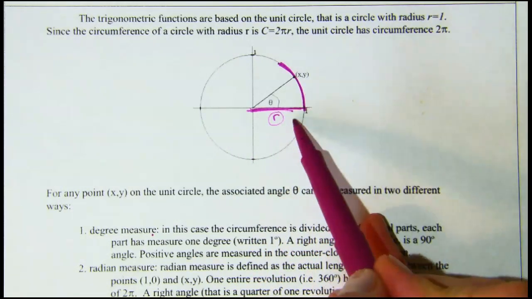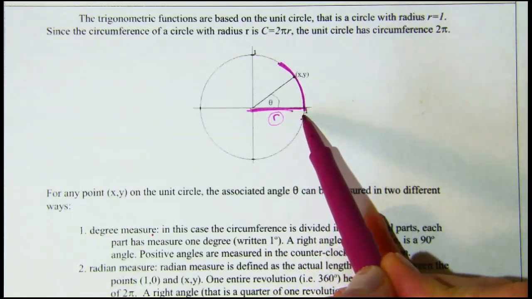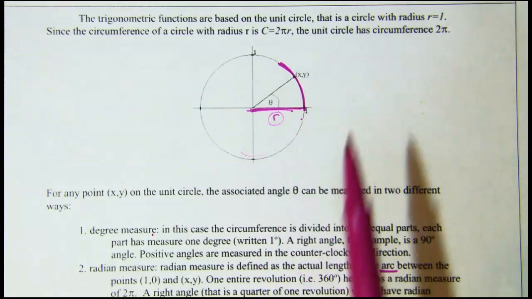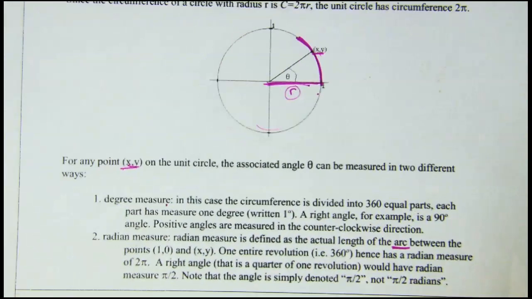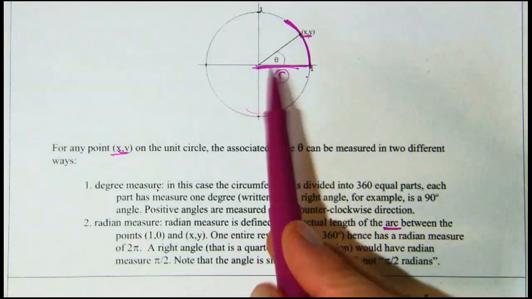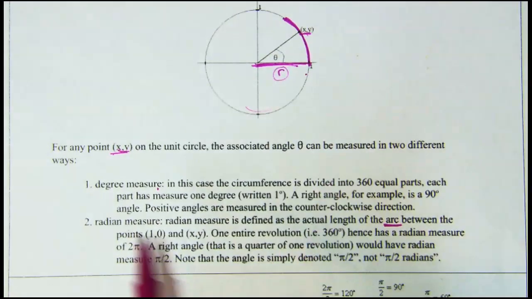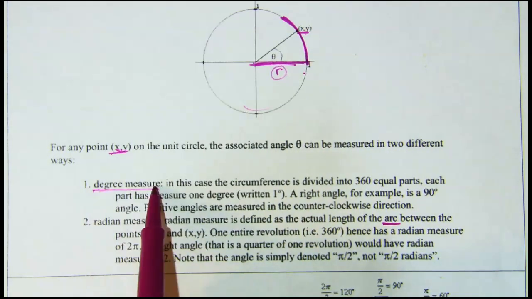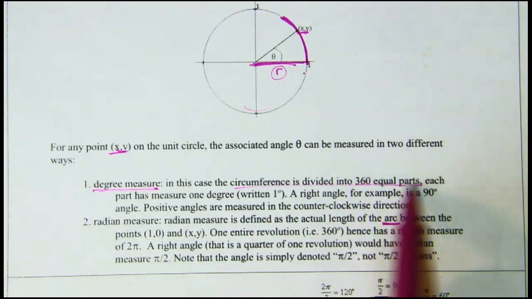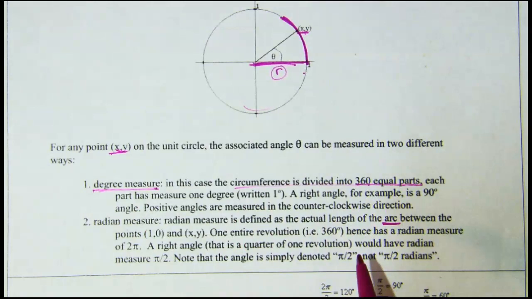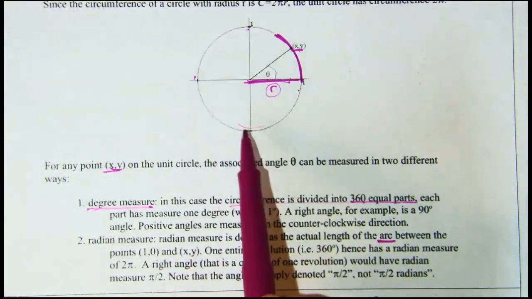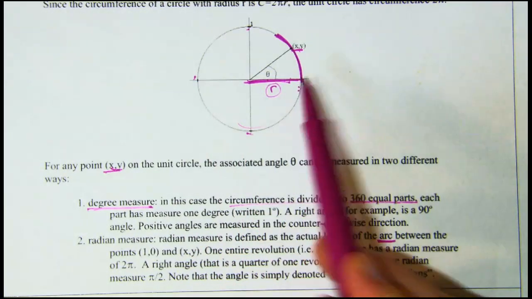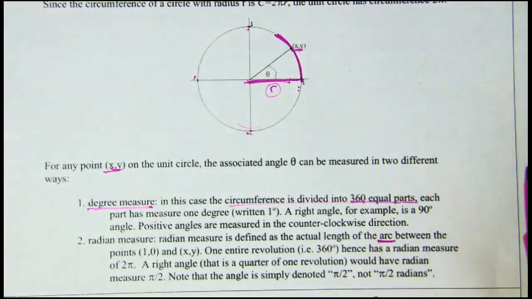You see this right there, that little thing? It just wants us to know that this point here, that's on the unit circle, you can measure these angles two different ways. Notice they switched to theta there. We can do degree measure, where the circumference is just divided up into 360 equal parts. You all know this is 90 degrees, 180 degrees, 270, and 360. We are used to that. We did that with rotations.